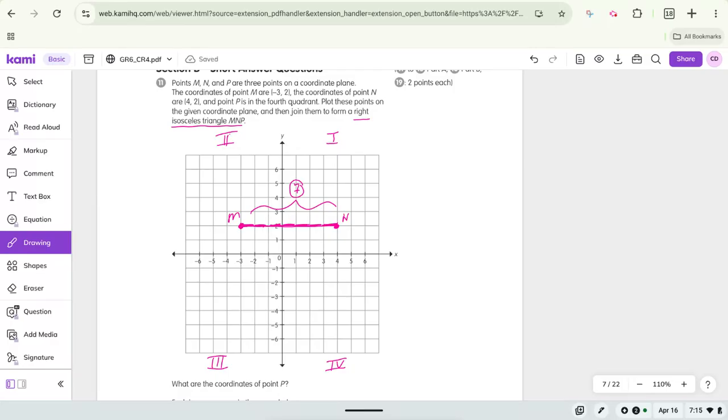Now, in order to be in quadrant 4, I'm just going to have to come straight down from N 7 units. 1, 2, 3, 4, 5, 6, 7. So now this side, NP, is also 7 units. And then I can just connect M and P to finish off my triangle.